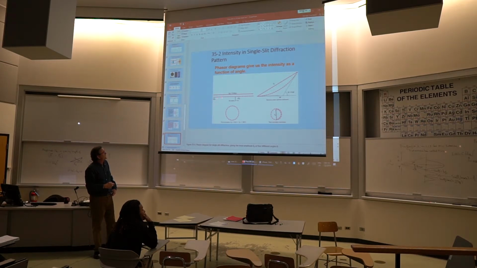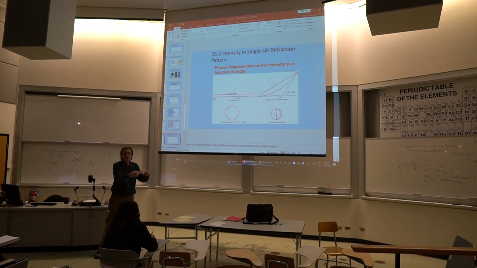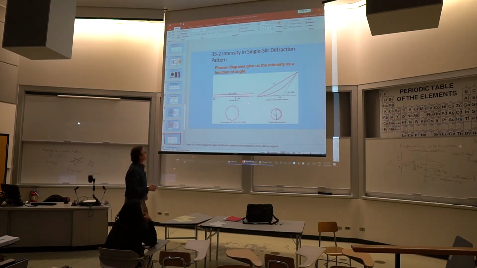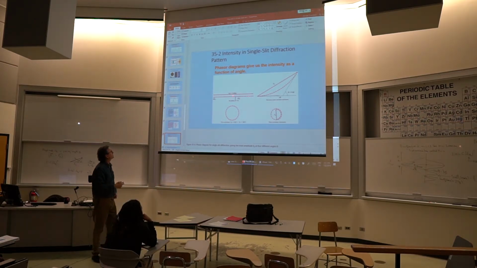But if I was on the central axis and I were to add all those amplitudes together, we know that all of them are in phase at theta equals 0. We showed that in an earlier slide. So we would do the linear sum of all of the amplitudes from all the different subslits, and we should get the amplitude of the original wave, which we'll call E0, the amplitude from the full slit.